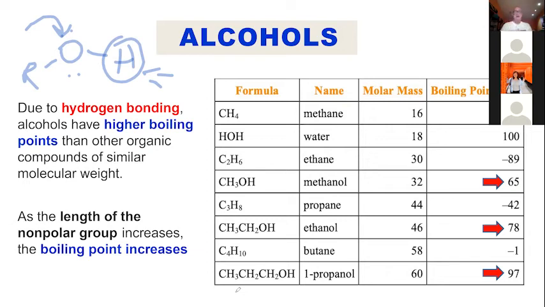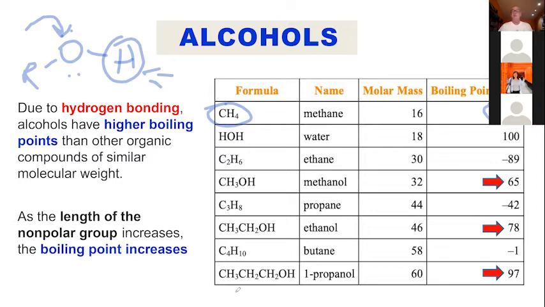And because of that, they have a much higher boiling point than other organic compounds that are similar. The real obvious example is methane. Methane has a boiling point of like minus 164 degrees. So methane is a gas until you get to really cold temperatures.